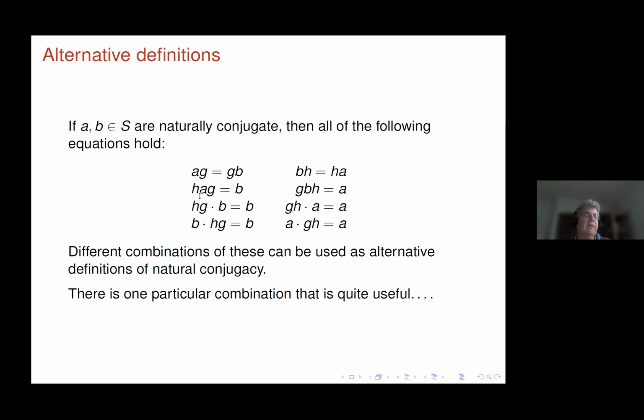That is, various subsets of these equations imply all the rest of them. Ordinarily that's just playing a game, and that wouldn't be very interesting. But there's actually one combination of these equations that makes a very nice axiomatization of natural conjugacy, and that's these 3.